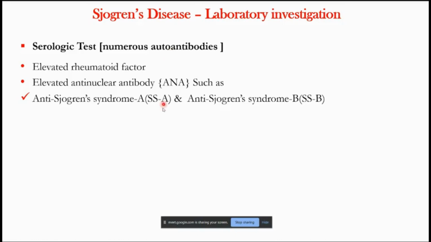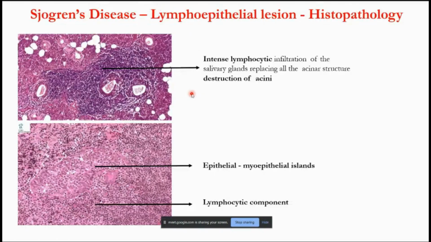And there are elevated antinuclear antibodies called anti-Sjögren syndrome antibody A and anti-Sjögren syndrome antibody B. Okay, there are antibody A and antibody B, which are specific for Sjögren's disease, that can be seen elevated as well. So two factors, rheumatoid factor and anti-Sjögren's syndrome antibodies.